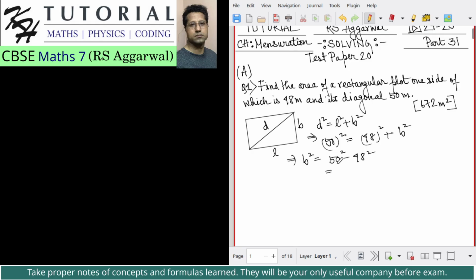Applying the algebraic identity, A square minus B square is equal to A minus B into A plus B, this will be 50 minus 48 multiplied by 50 plus 48. So this is equal to 2 multiplied by 98, which is 196 meter square. So basically the breadth is coming out to be 196 meter.